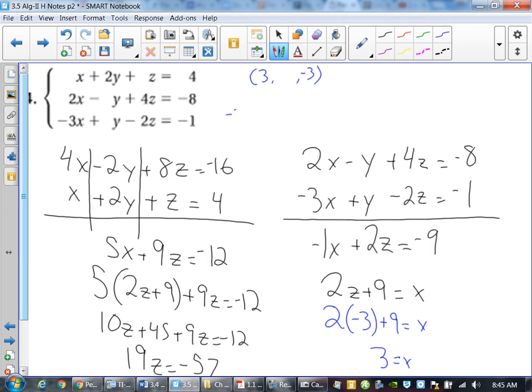So we have negative 3 times 3 plus y minus 2 times negative 3 is negative 1. Negative 9 is y plus 6. What is that? Y is 4, I believe? No. Negative 3. Negative 2, yeah. And there's your ordered triple.